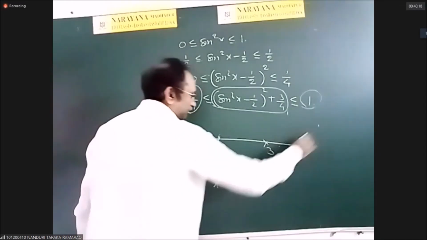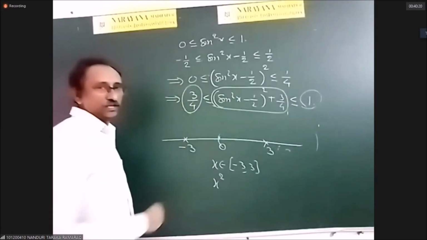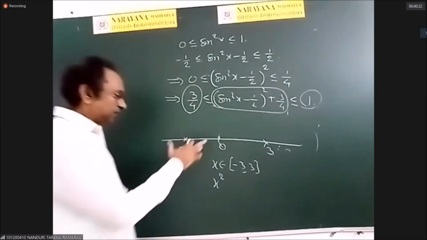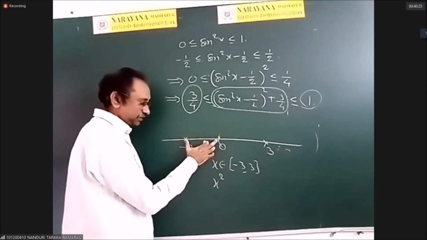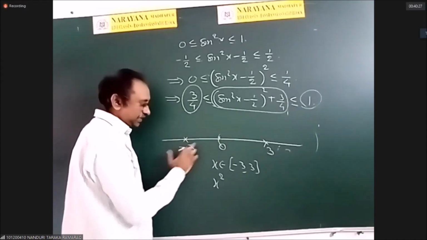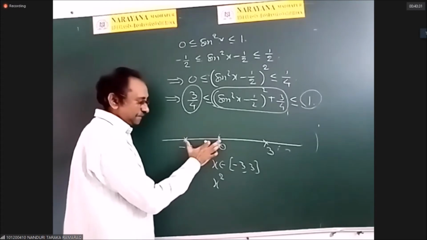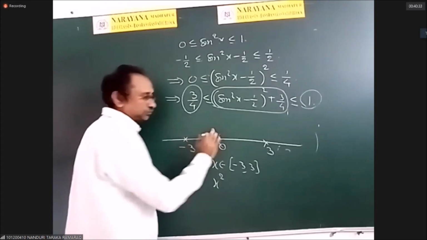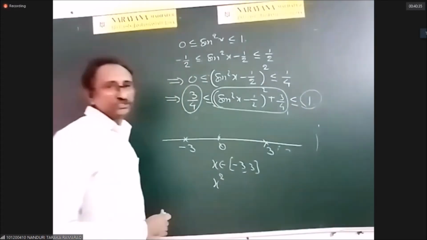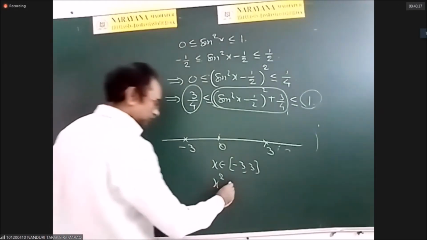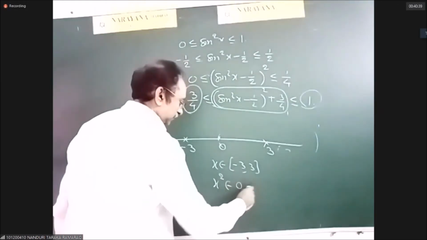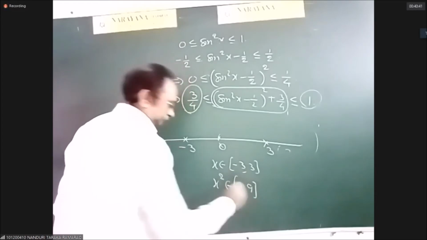Therefore, the squares of these numbers will lie between 0 and 9. And not only that, here also consider these numbers. Minus 3 whole square is 9, minus 2 whole square is 4, minus 1 whole square is 1. So the squares of these numbers also fall between 0 and 9 only. Therefore, x square belongs to 0 to 9.